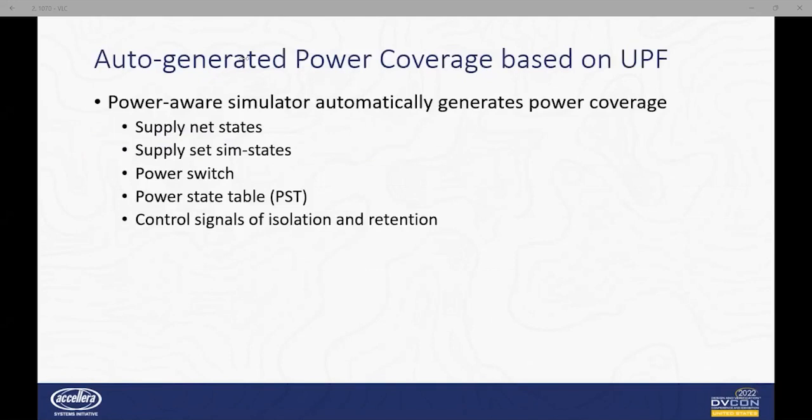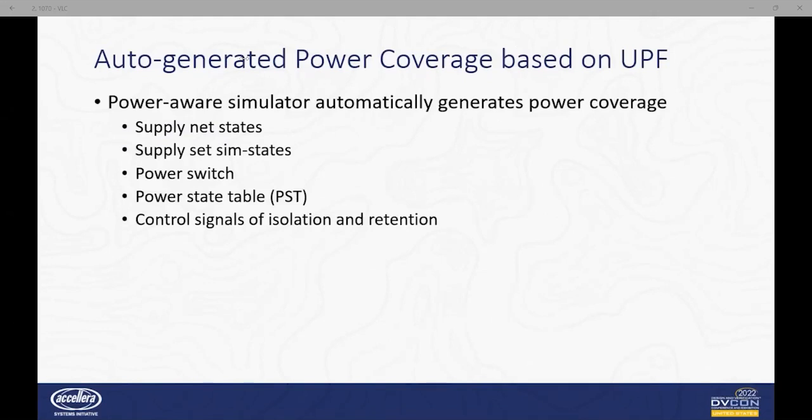For the manual or ad hoc coverage model generation problems, we can get help from an advanced simulation tool. The Cadence Xcelium simulator supports auto coverage model generation by reading the UPF, the power intent file itself.